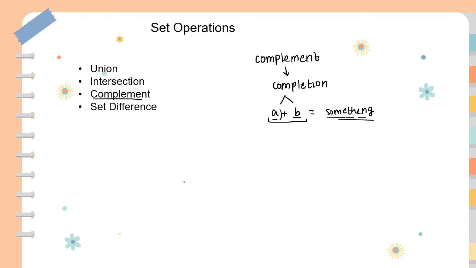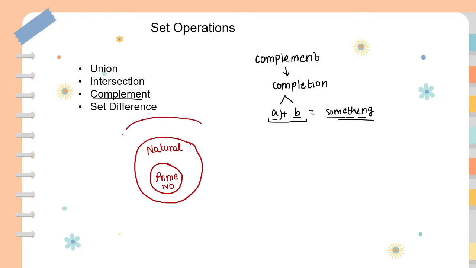Let us assume this is prime numbers, this is natural numbers, and this was integers. Let us try to understand what complements mean.